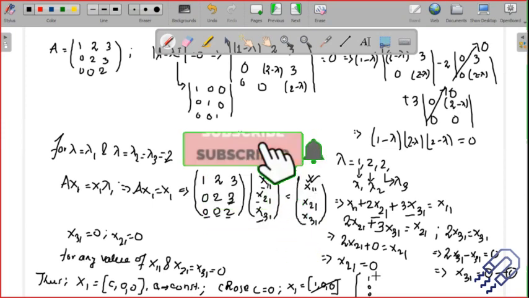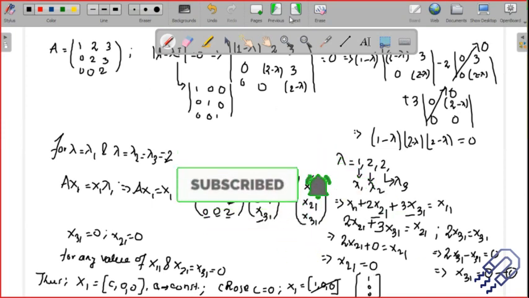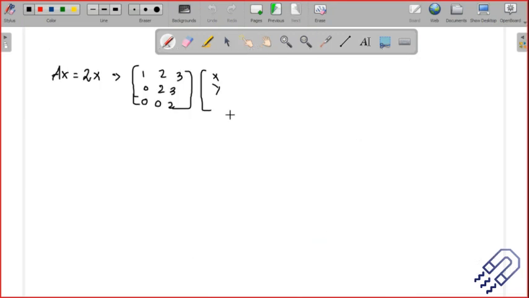We're going to get this column vector, X, Y, Z, maybe. I'll just write it down as X, Y, Z for this particular case.